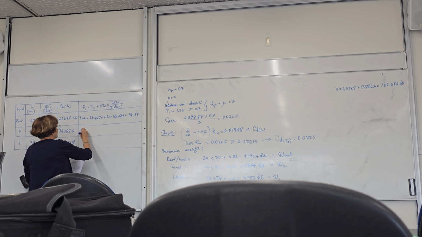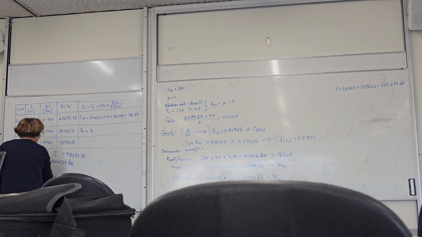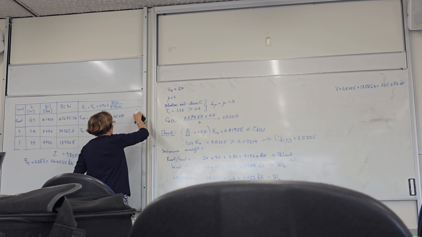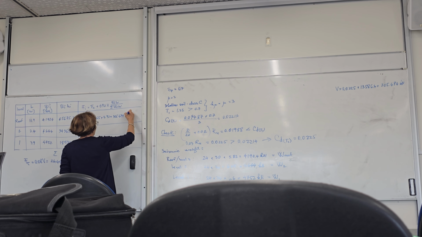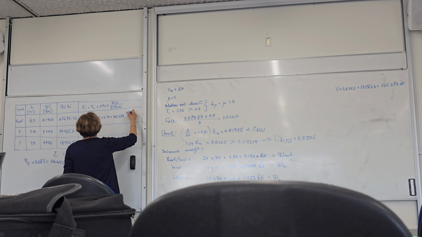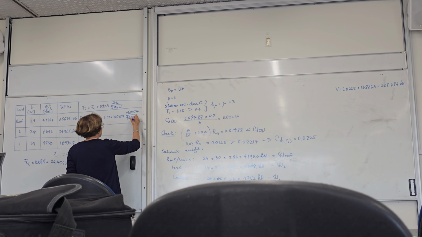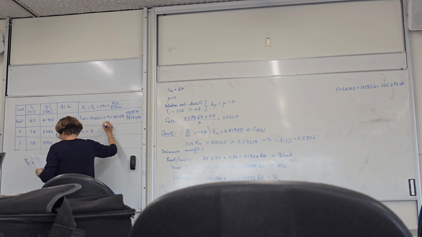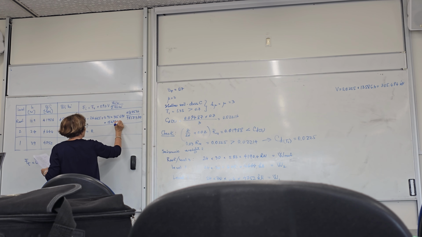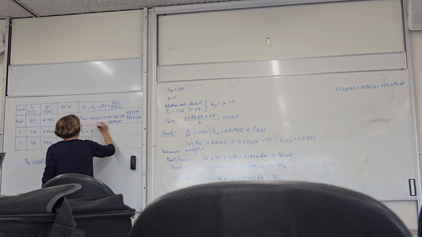F2 equals... I forgot some number. I forgot the sum. The answer is right. 45,675.36 divided by 98,573.76 will be equal to 154.708. This is F roof.